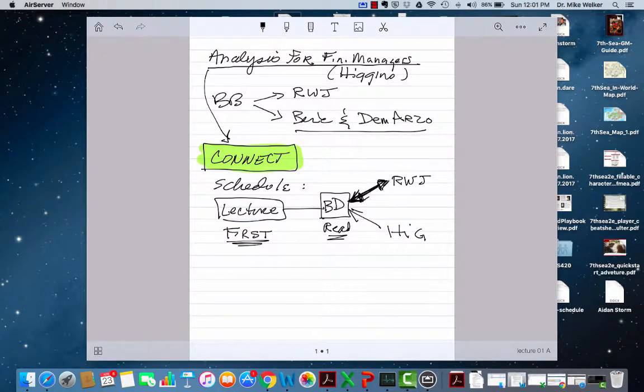I think finance students, when you encounter multiple texts, it's better. So you have the second reading there. And then at critical moments in the course, I'll especially want you to work on homework that's linked in to Connect with Higgins.